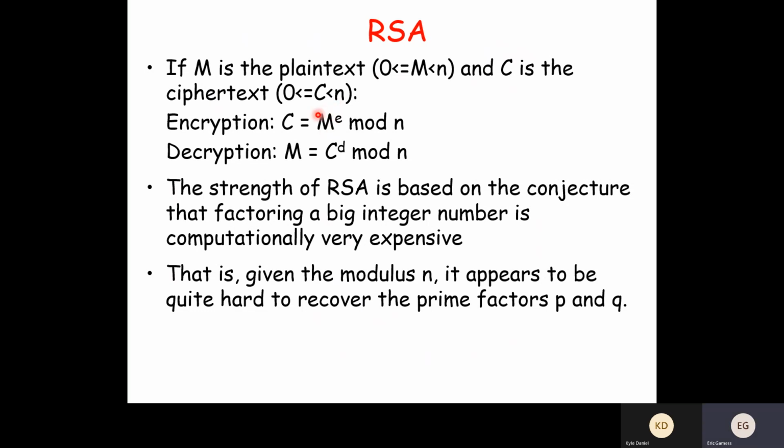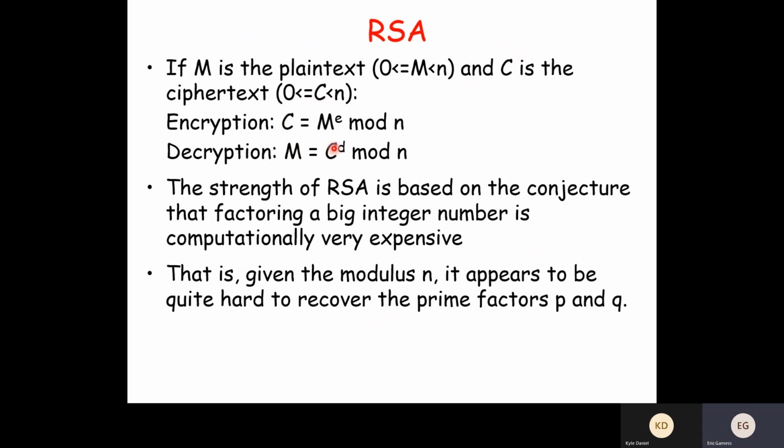So when you give me a plain text m, I can get the ciphertext using this formula. I take m, the plain text, and raise it to the power of e, the public exponent. And I compute the result modulo n, the modulus.